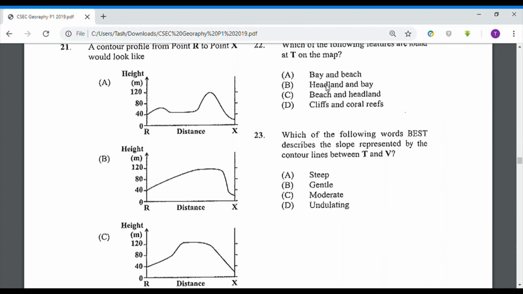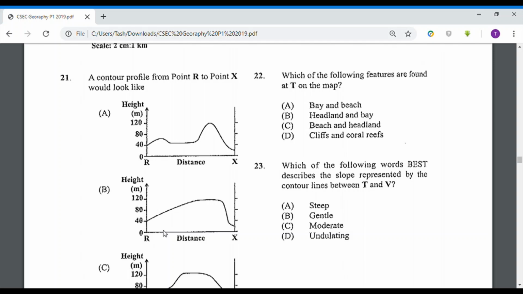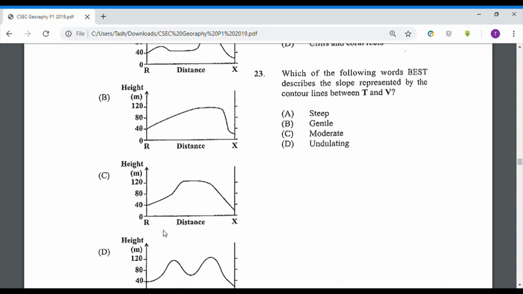So we are convinced that it would have been letter C for the answer. So we are going across gently just the same. We have a sharp elevation here. We are elevated for a while, and then there is a gentle decrease. So our answer for number 21 would have been letter C.